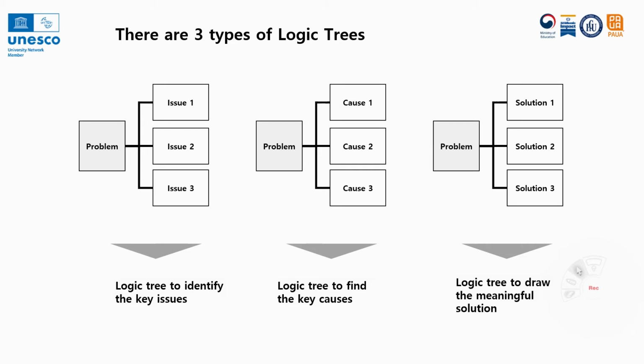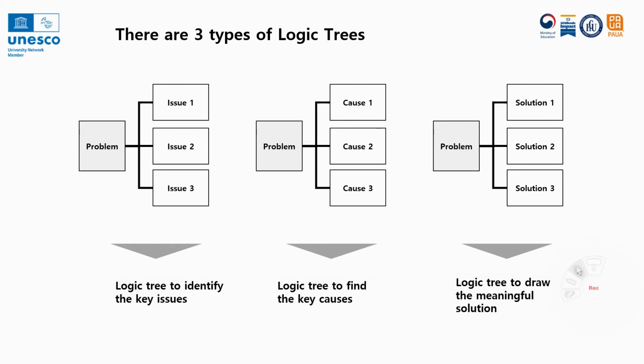And there is another type of logic tree to find the key causes. The problem is divided into 3 key causes. And also there is an issue tree to draw meaningful solutions. So the problem is divided into finding solution 1, 2, 3.